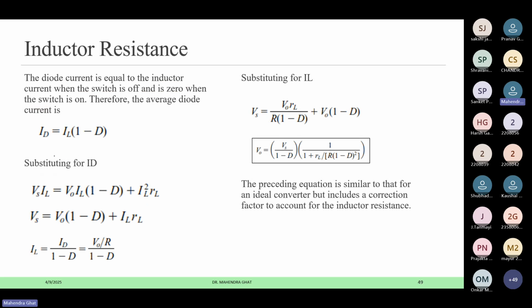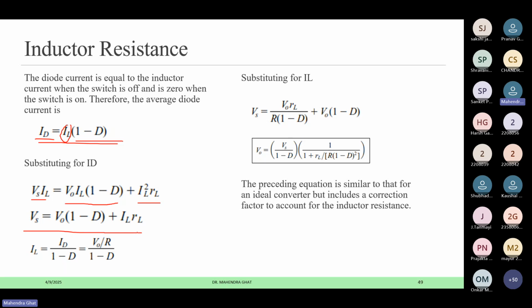Now, the diode current will be ID, because it is in the op condition, equal to the inductor current multiplied by 1 minus D. Substituting all these values: VS into IL equals VO IL into 1 minus D plus IL square RL.